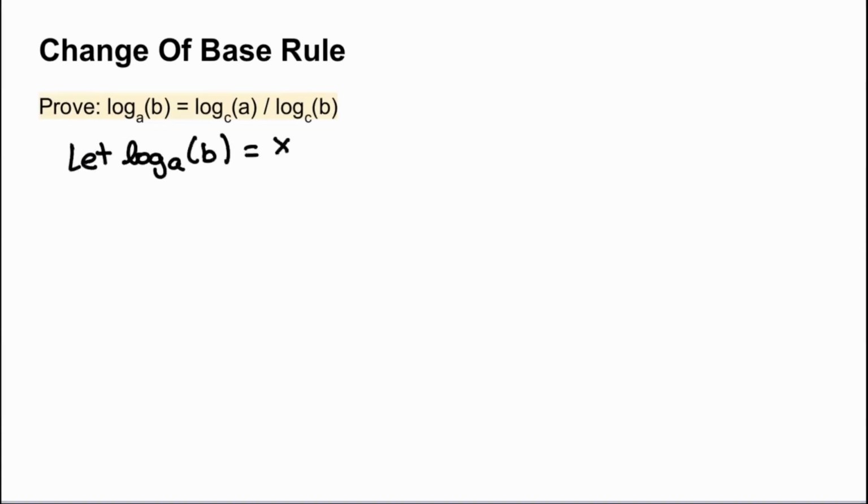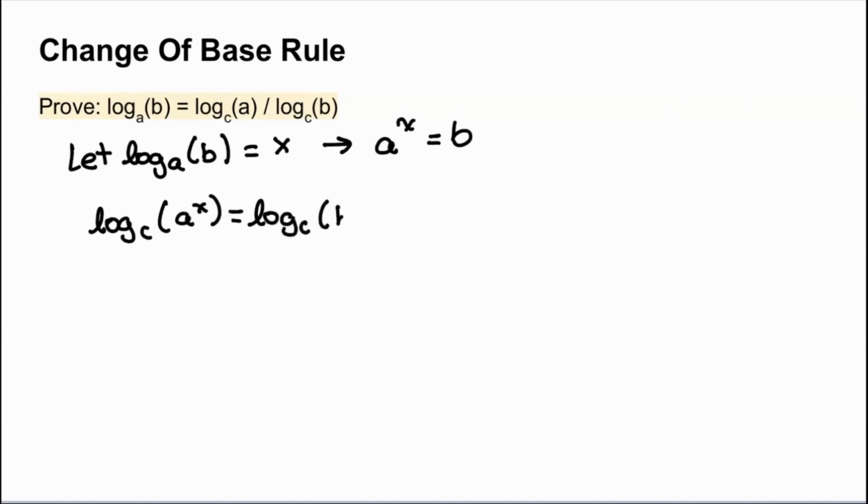Okay, and now rewriting this in its exponential form, we have A to the X is equal to B. Now let's apply the log of this new quantity to both sides of this equation. So using our new base C, we have log base C of A to the X is equal to log base C of B. We want to work with this new C because this is what leads us to the change of base rule identity that we have highlighted there.